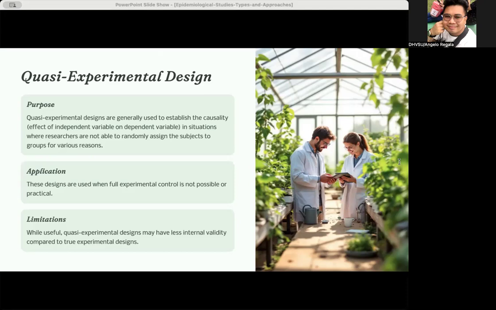So usually this is a small scale process, like for a certain community. Example, a certain barangay in Pampanga or in Bacolor has a dengue outbreak.